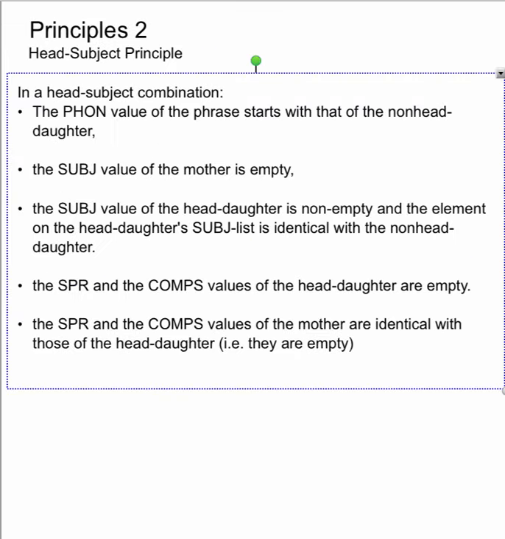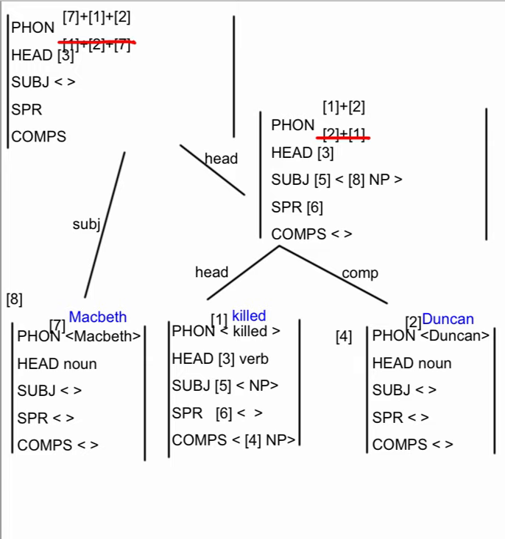Let's consult the principle again. It says the specifier and the coms values of the head-daughter are empty, and the specifier and the coms values of the mother are identical with those of the head-daughter. So again, this means they are empty. The coms value of the head-daughter is empty, which was a consequence of the constraint on head complement combinations.